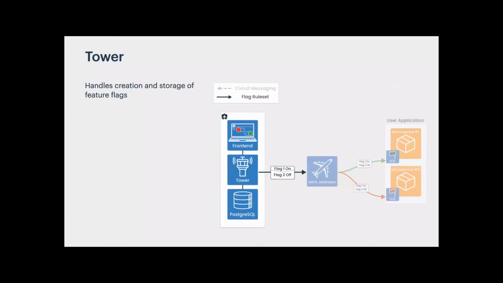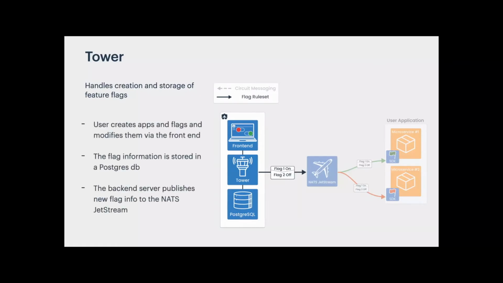Now we're going to zoom into the Tower portion of Tailslide. This is a full stack application that handles the functionality related to feature flag management. It consists of a React front-end user interface that allows users to do things such as create an app, create a flag, make edits to flags, toggle a flag on and off, and view logs related to those flags.